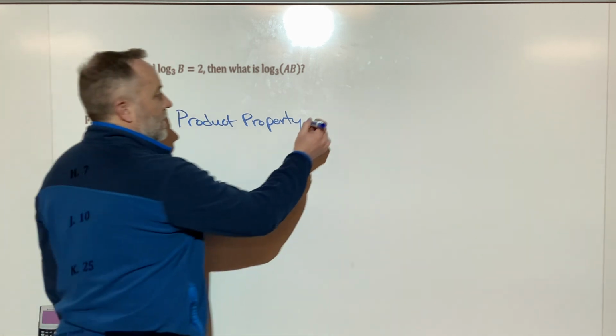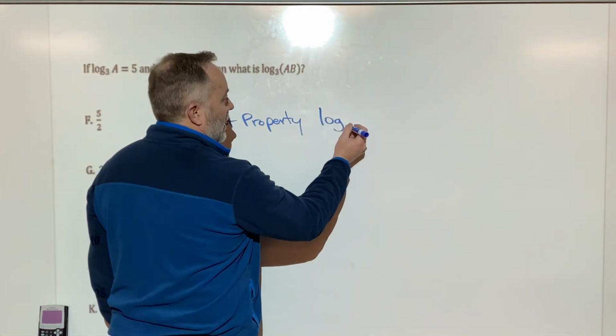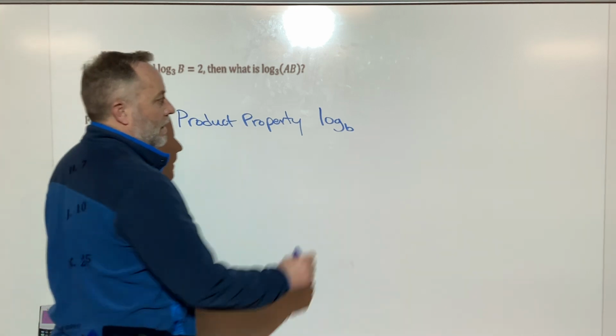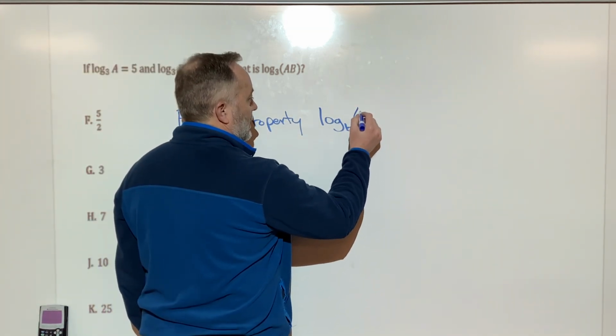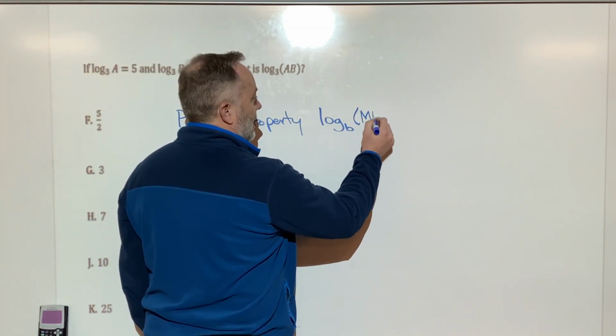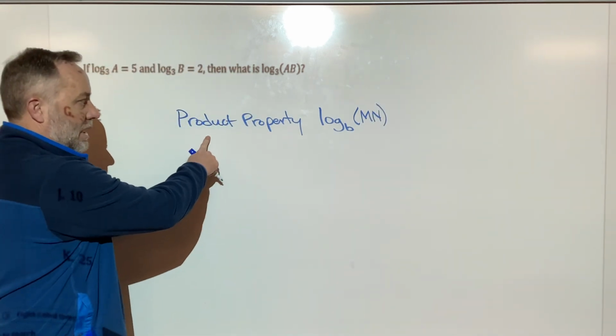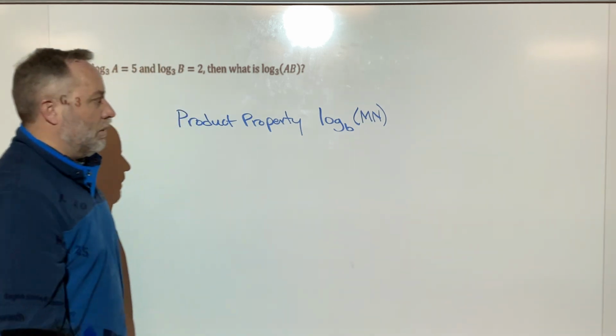It would say that the logarithm of any base, so I'll just write that as base b, of two values, let's call them m and n, that are being multiplied, so that's why it's called a product. Those two pieces are being multiplied.